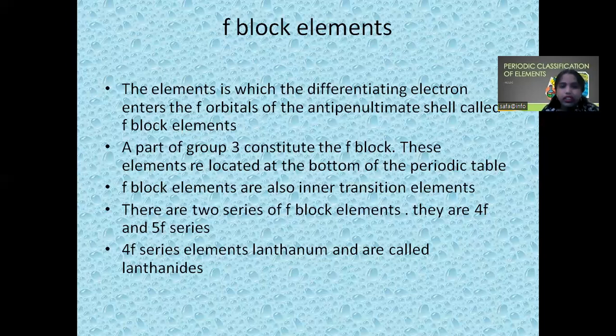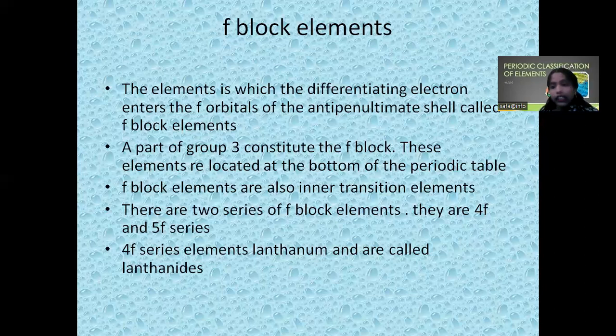Now the third group elements are called F block elements. S block is on the left side, P block on the right side, D block in between S and P, in the middle, and F block at the bottom of the S and P blocks.